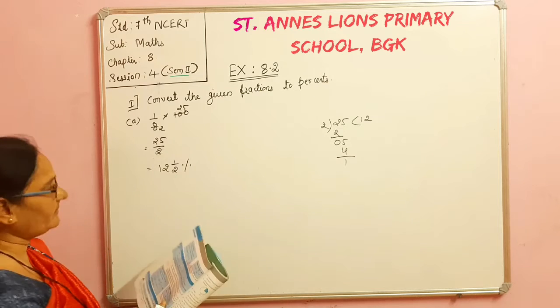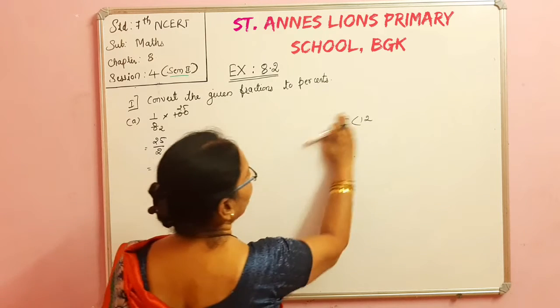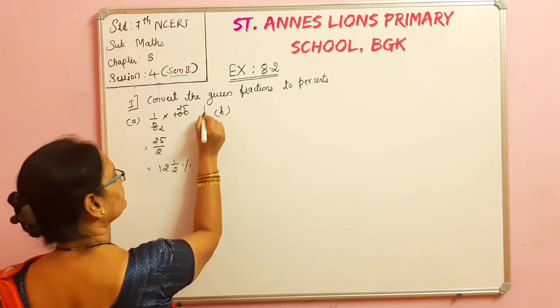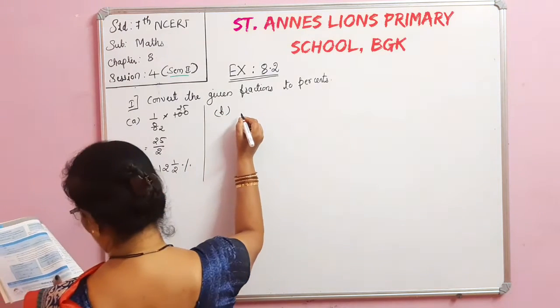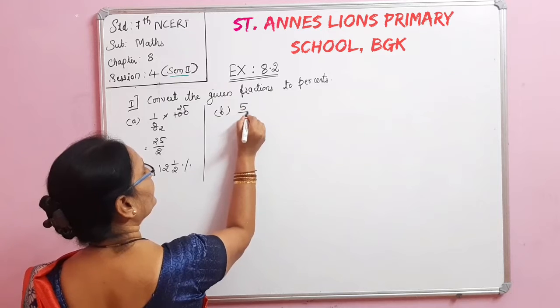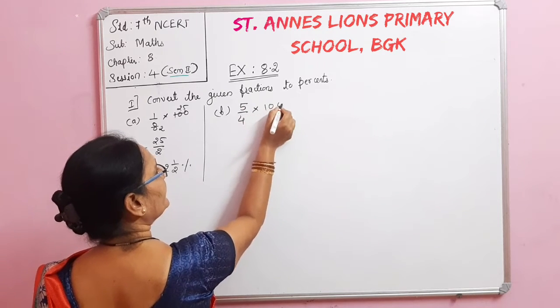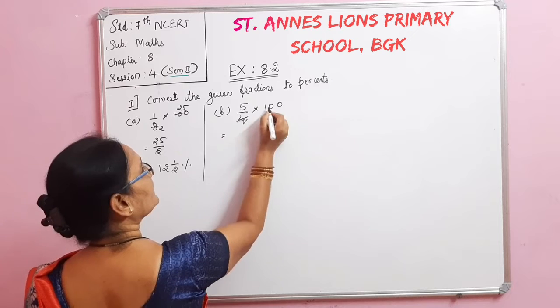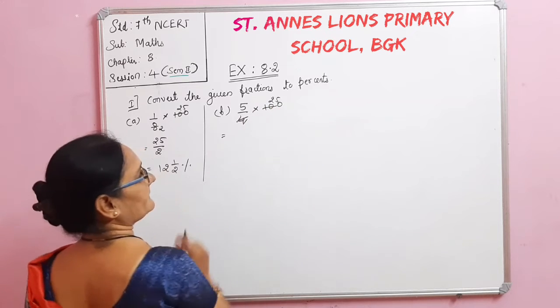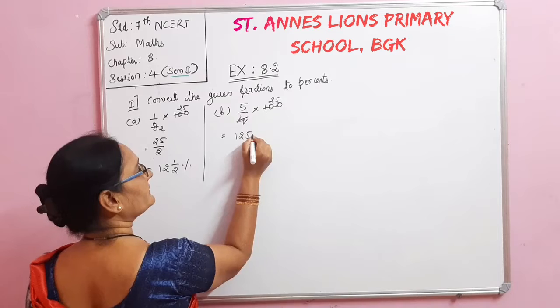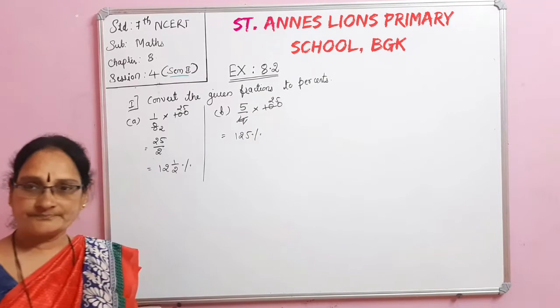Next comes 5 by 4. The second one, that is B, 5 by 4, is converted into percent. Multiply by 100. 4 ones are 4, 25 fives are 125%. Finish.